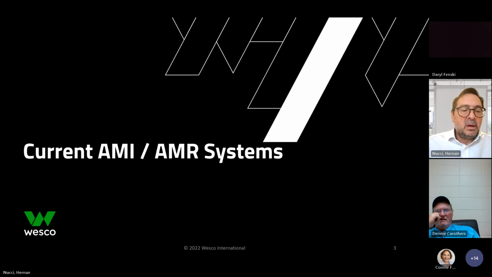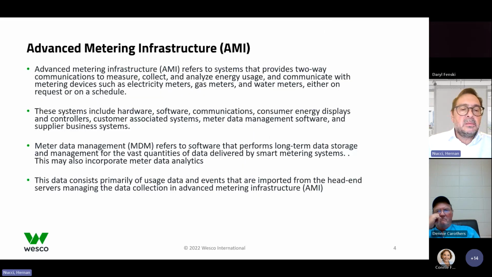Current AMI and AMR systems. AMI started in the 80s as a way to communicate, collect, and analyze energy usage, and communicate with meters: electric meters, gas meters, and water meters.